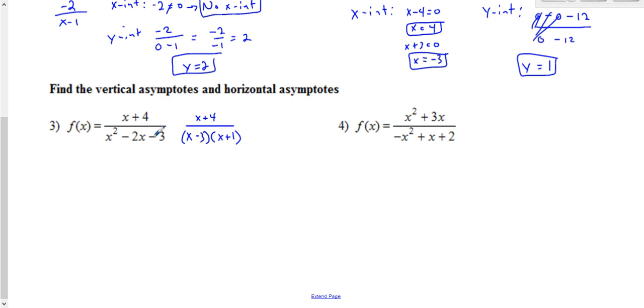And now I can find my asymptotes. For my vertical asymptote, VA, I set the denominator factors equal to 0. So I will get x minus 3 equals 0 to get x equals 3. And x plus 1 equals 0 to get x equals -1.